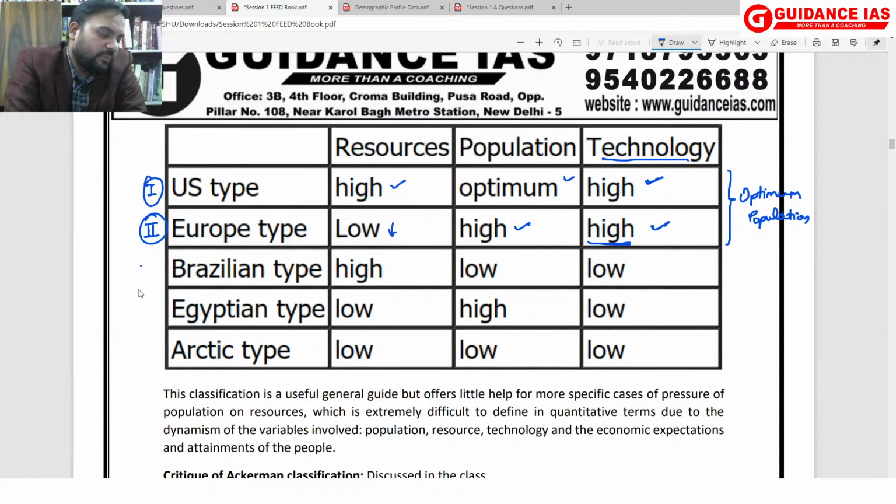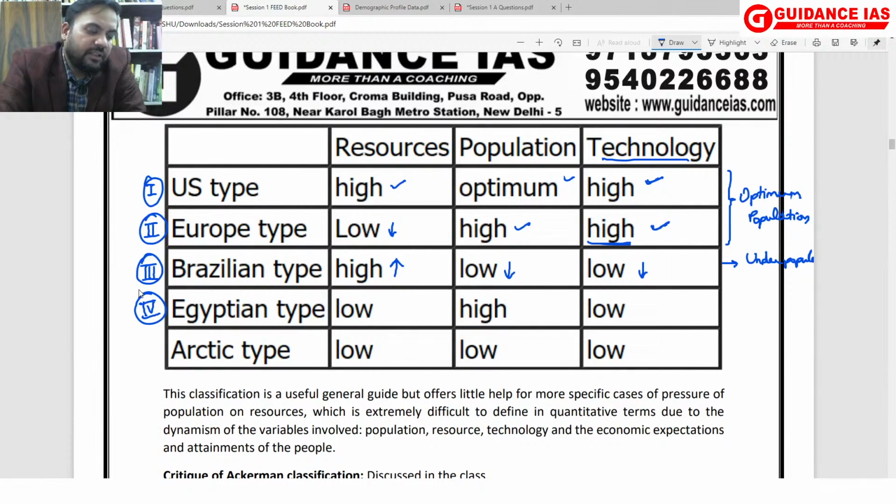The third is the Brazilian type. Here the level of resources is high, but the population size is comparatively much lower, and technology is also lower, thus it becomes underpopulation. The Egyptian type was the 4th he talked about.